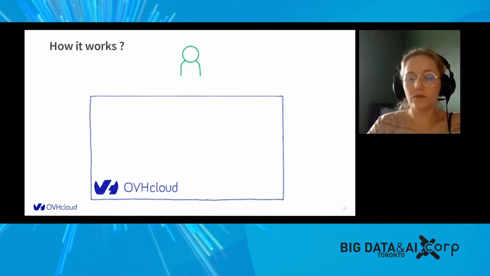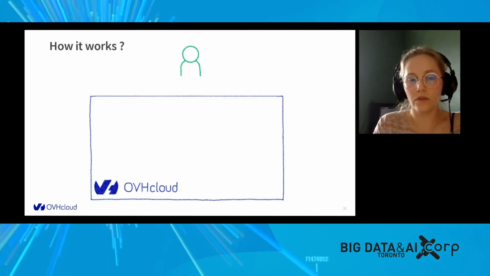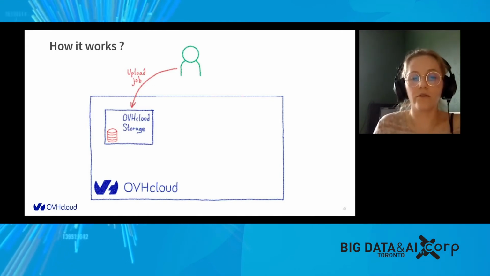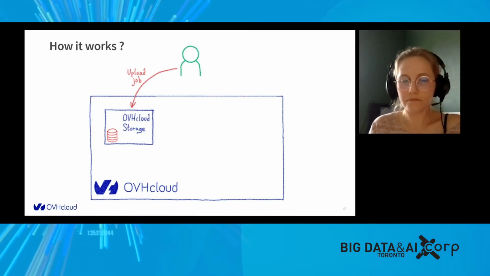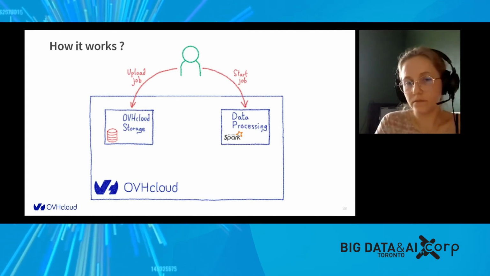When you want to use OVHcloud Data Processing, you will first have to upload your job, your script, into our OVHcloud object storage. Then you configure your job and you launch it.